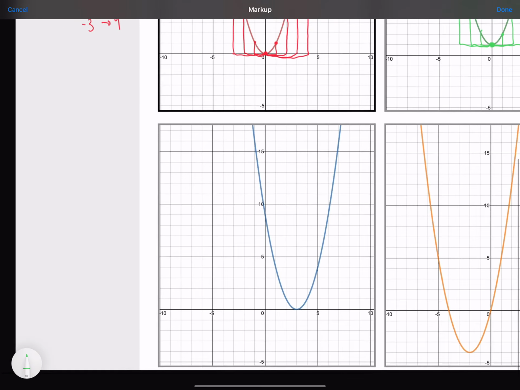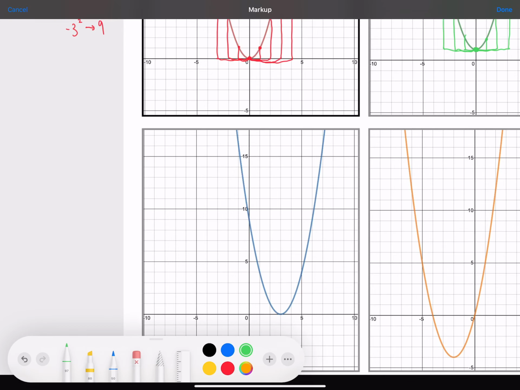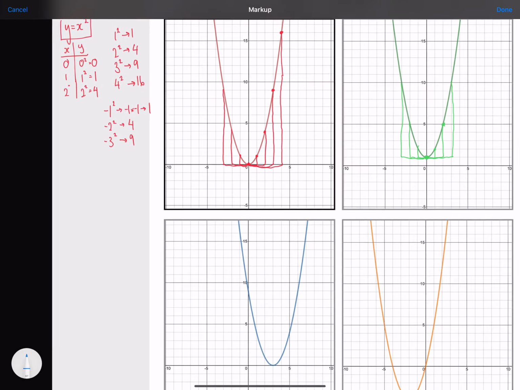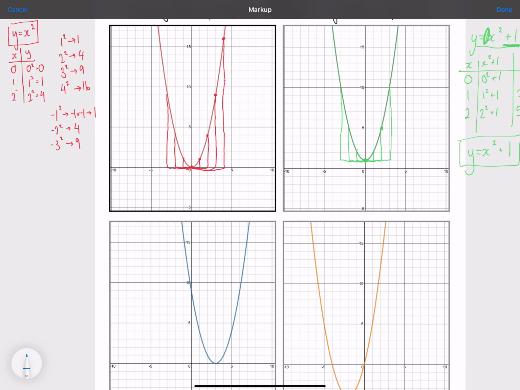Next one here. How is this one slightly different from our red graph up the top there? Well, it looks pretty similar, except that it's moved to the right by 3 places. How that looks, a horizontal shift in our formula will look like this. So for our green one, when it was a vertical shift, it had a plus 1 on the end.